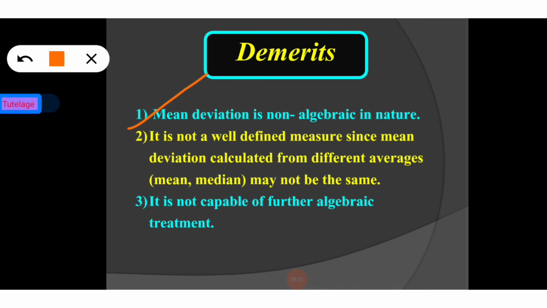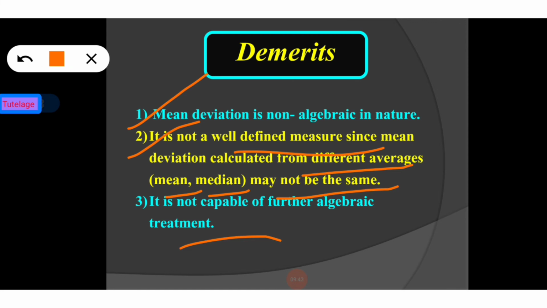So that's why mean deviation is non-algebraic in nature, and it is not capable of further algebraic treatment also. And now going to the second point, mean deviation is not a well defined measure, since mean deviation calculated from the different averages, that is mean or median, may not be the same.